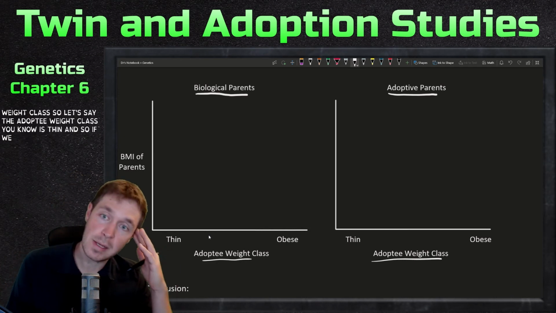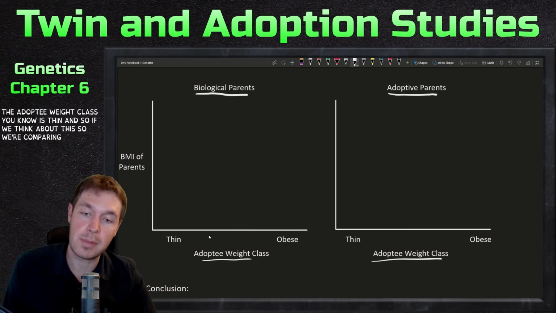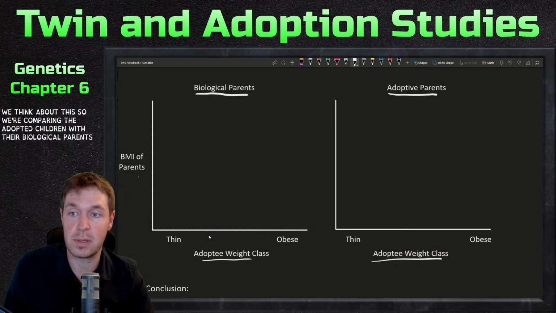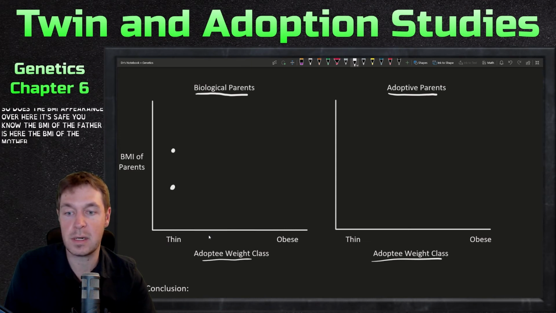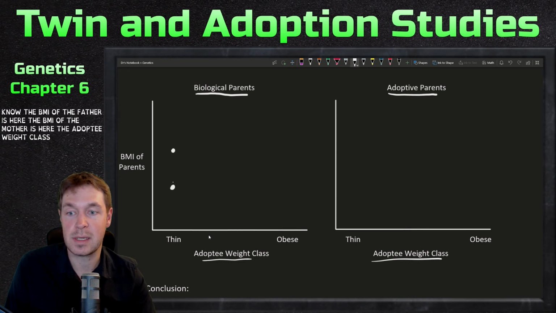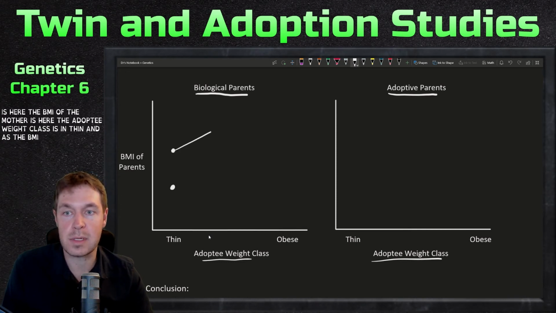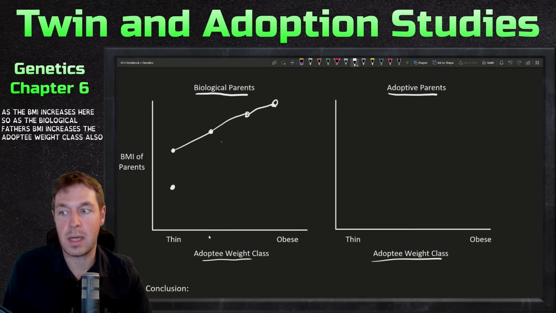If we think about this, we're comparing the adopted children with their biological parents. This is the BMI of parents over here. Let's say the BMI of the father is here, the BMI of the mother is here. The adoptee weight class is then thin. And as the biological father's BMI increases, the adoptee weight class also increases.